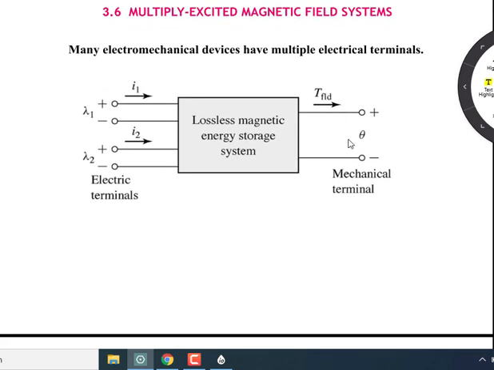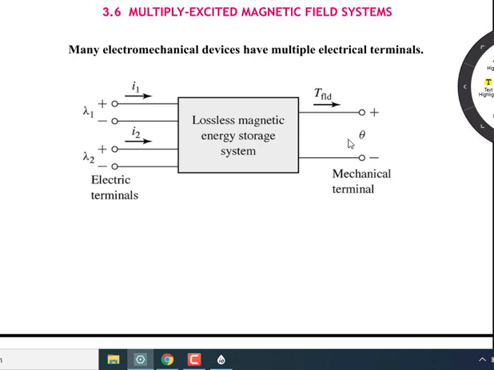It may so happen that we can have many outputs also, but for the sake of simplicity we are considering only one output. Like you are putting energy to your magnetic reservoir using two input channels, namely lambda 1, I1 and lambda 2, I2, and you are having only one output channel, right?